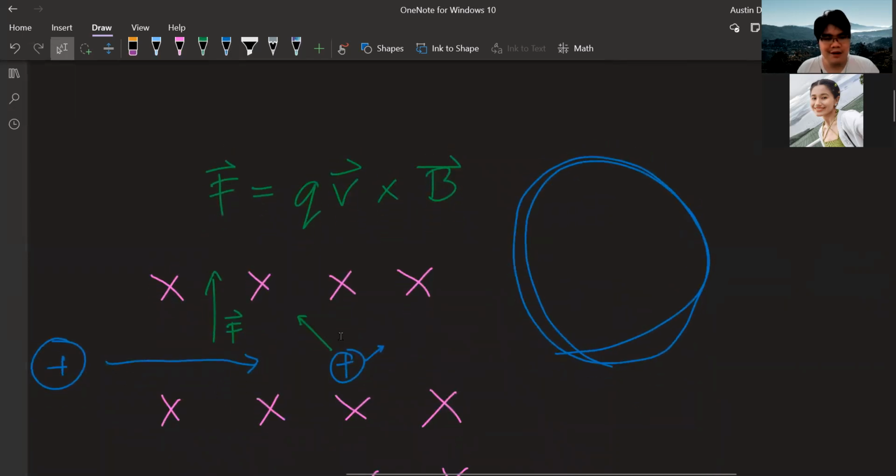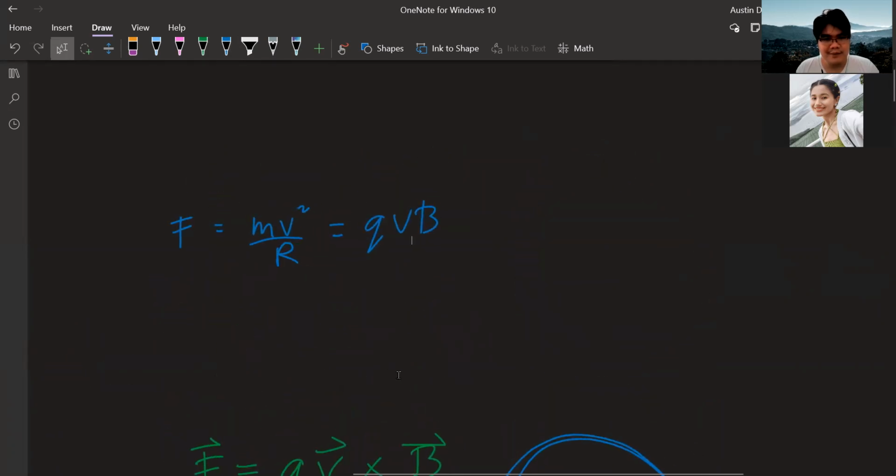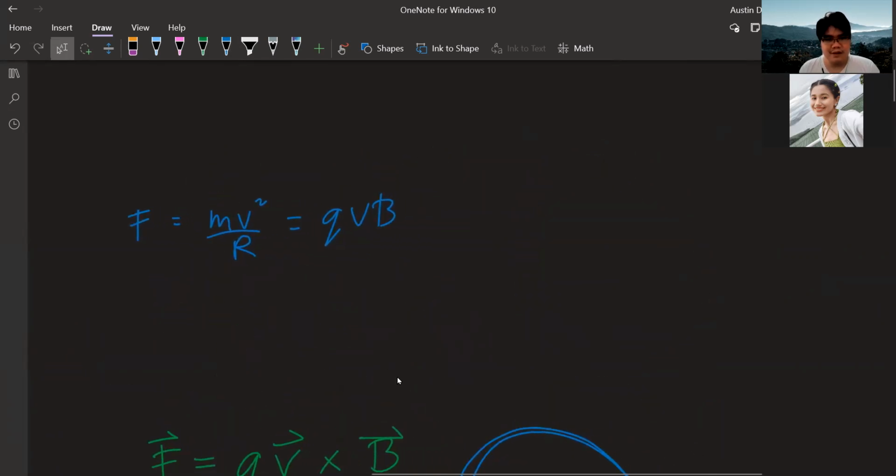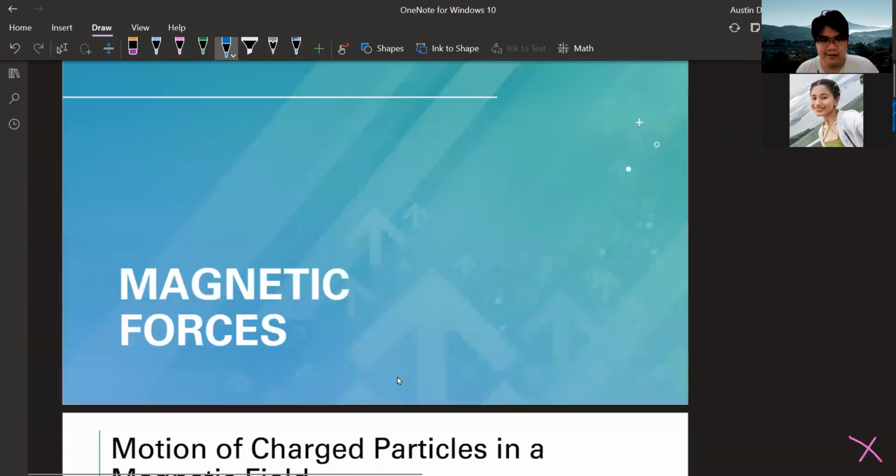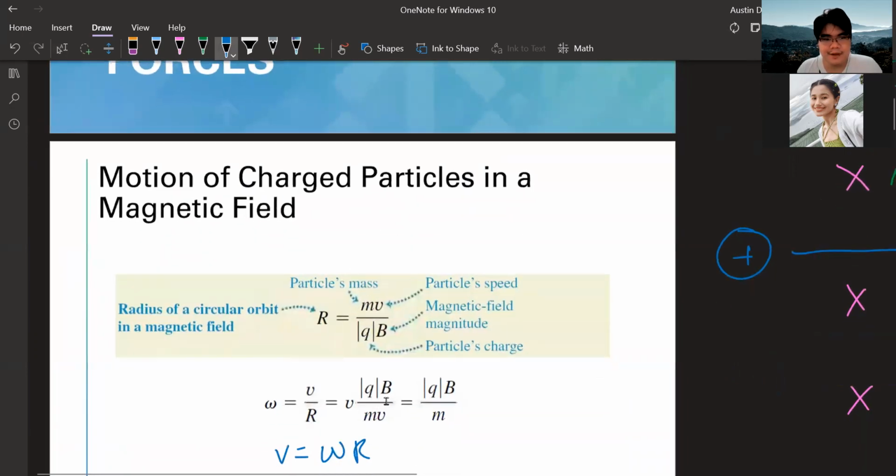Okay, laging perpendicular dito si magnetic field at si velocity mo. So here you just solve for r, and that is r equal to mv squared over qvB, and that's mv over qB. Okay? Yan lang.